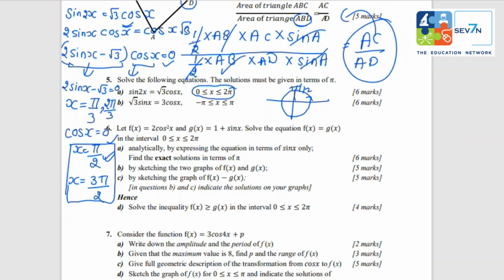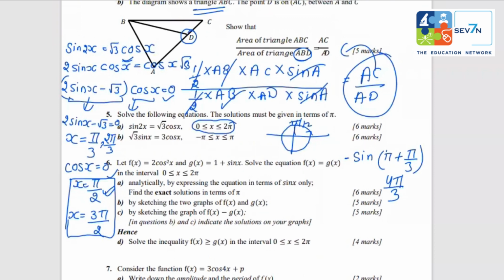Yeah, why not pi plus pi by 3? If I write sine of pi plus pi by 3, right? Yes. Oh, it becomes negative. Yes. Oh, okay, got it. Because in the third quadrant, your sine will be negative, right? Got it. Correct. Yeah. So we can use only pi by 3 and 2 pi by 3.